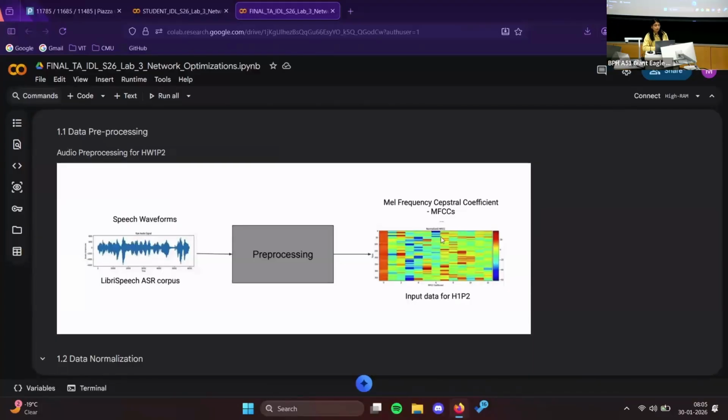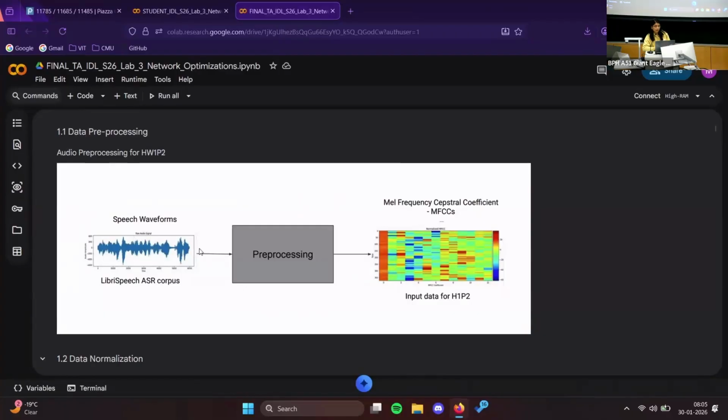You already worked on this in your homework 1 part 2, where you worked with an audio data set. The only thing is we gave you the clean MFCCs directly, so you didn't have to perform the pre-processing, but this is what happened at the back end.